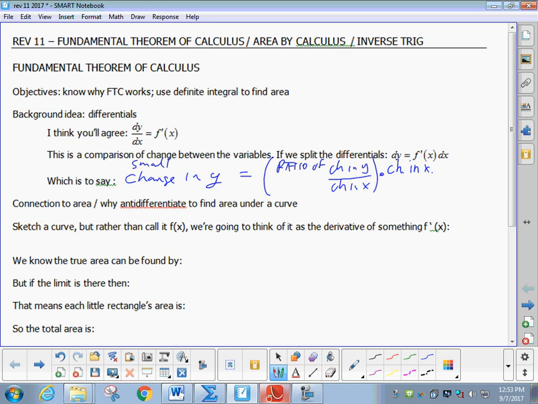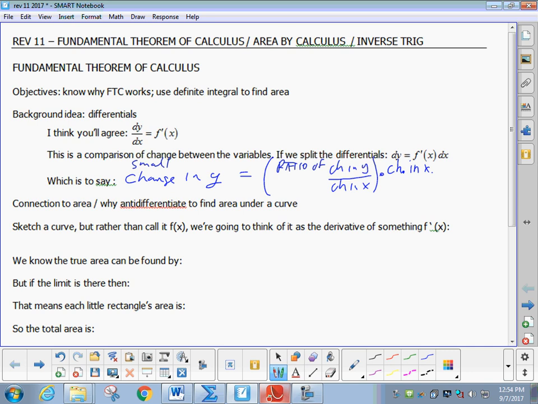All right? Think proportions. If I told you there's some curve where the slope at the point, dy/dx, is 5, or 5 over 1, that would imply that for every x change of 1 unit, y would change 5.